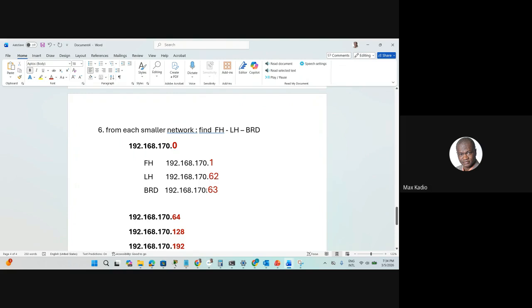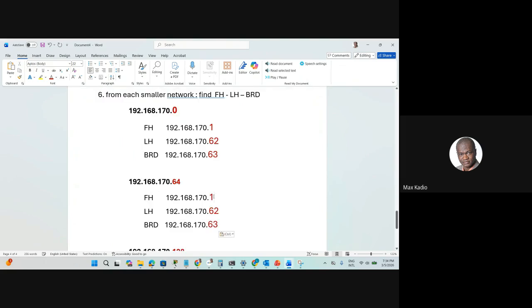Now, I want someone to tell me the answer for the second network. If I'm dealing with this network, what will be the value of the first host? Any volunteer?